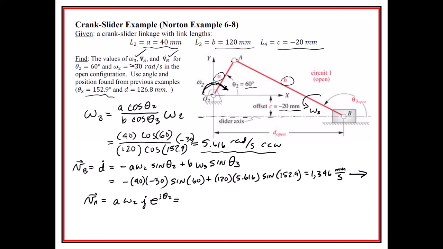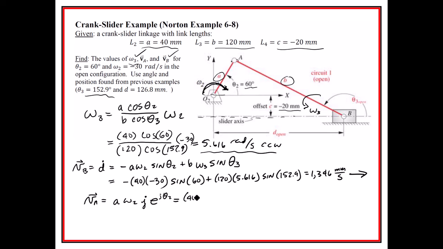And by the way, this is actually going to turn out to be something that's really easy to have found, because all we needed to do was really multiply negative 30 times 40, and that would have given us the answer. But that's okay. We'll go ahead and do this anyway.